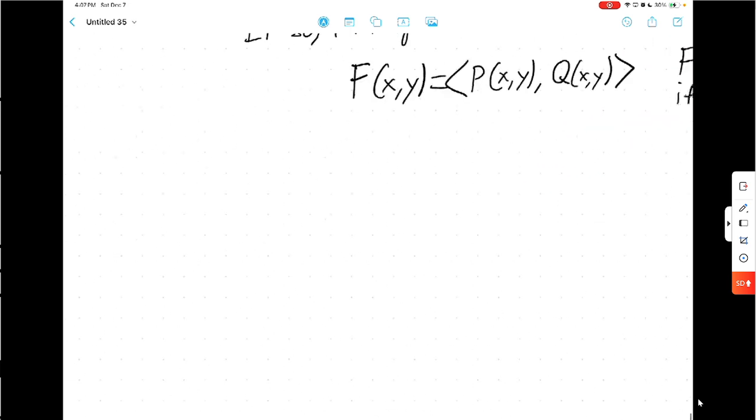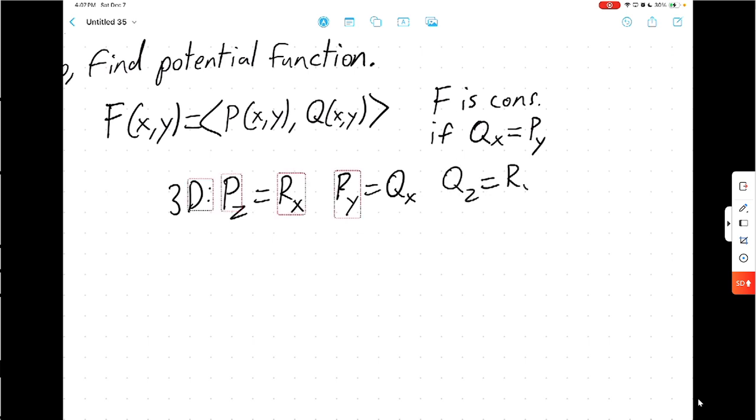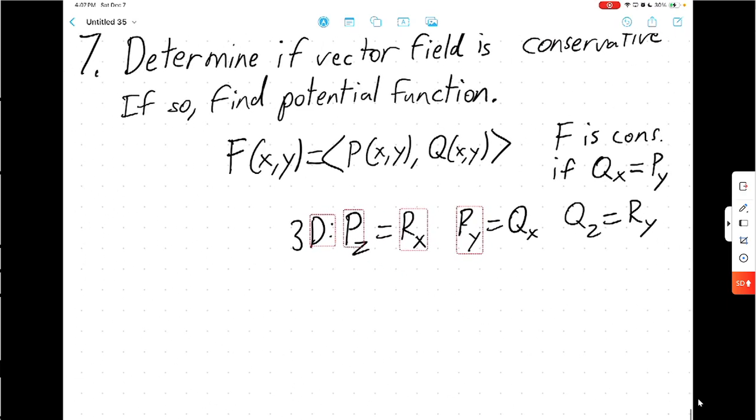And for the 3D case you have a bunch more to check. I think P sub z is equal to R sub x, P sub y is equal to Q sub x, and finally Q sub z is equal to R sub y.